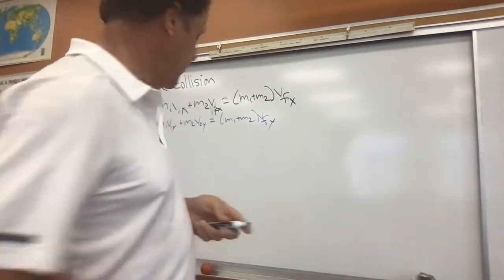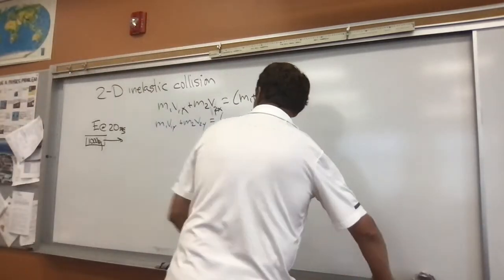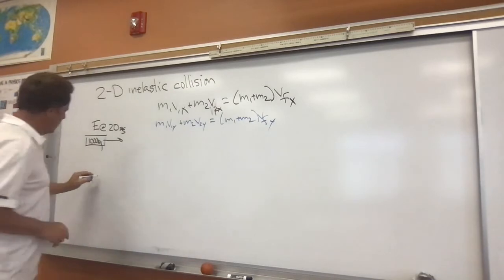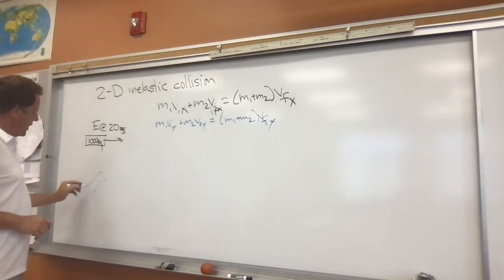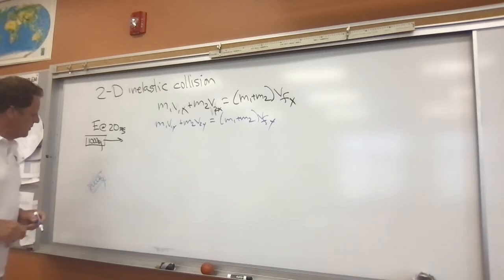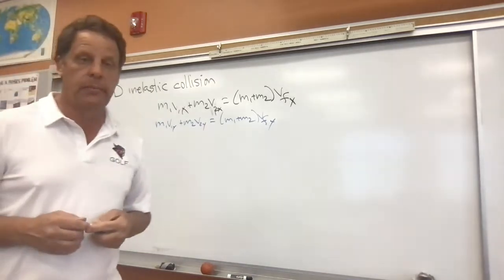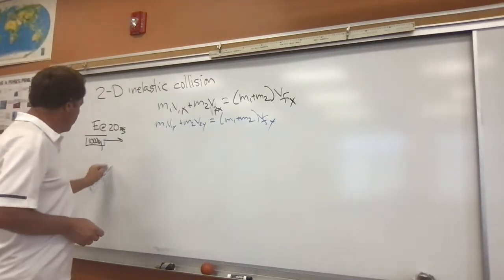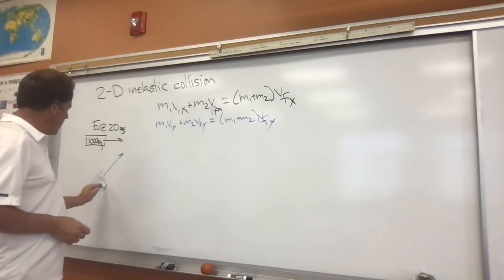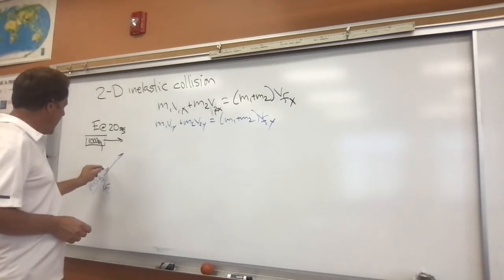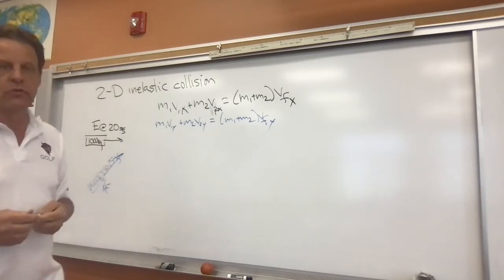And we are going to have a second car. Let's say that this car has a mass of 2,000 kilograms, and it is going northeast at 25 meters per second.